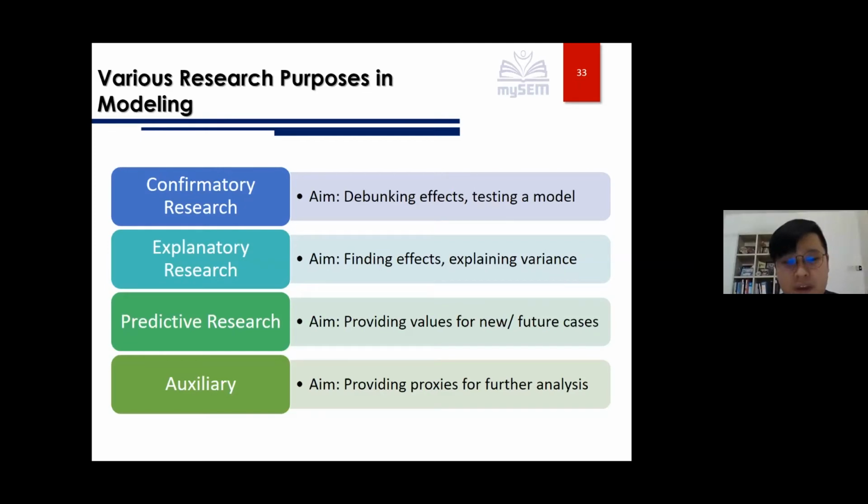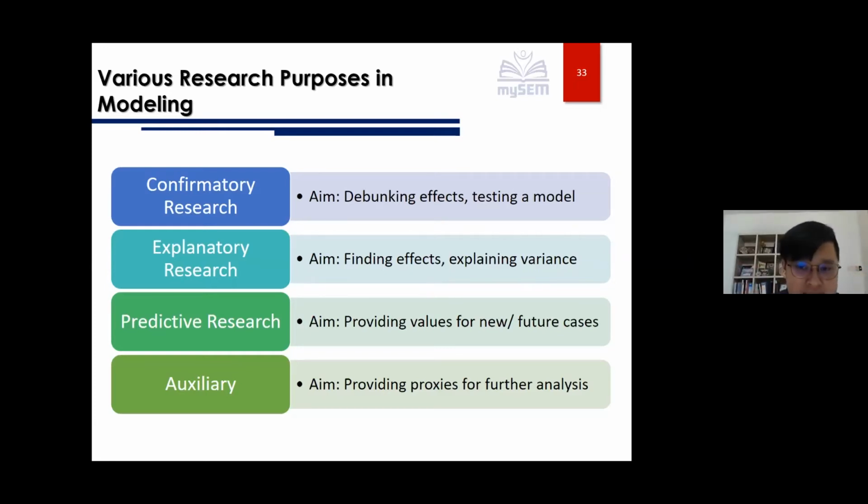Back to the most fundamental, when we use traditional PLS to run analysis, most of the time we are focusing on the combination of both explanatory research and predictive research. We combine the best of both worlds of these 2 techniques into our modeling.